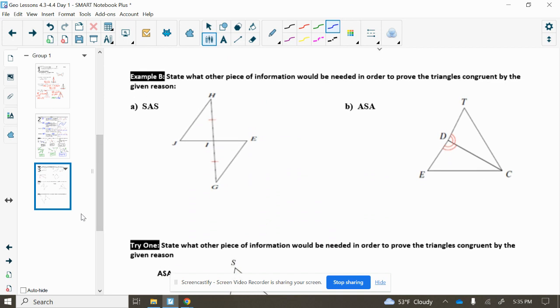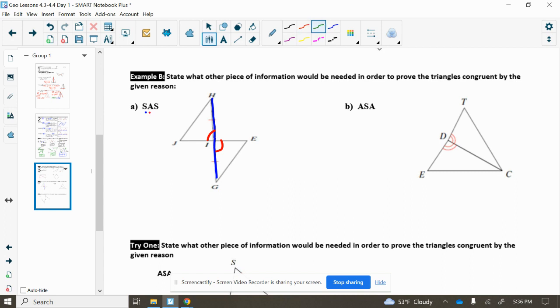All right, our last little bit then for today is asking, okay, if we want to prove these triangles congruent, what extra piece of information would we need in order to prove them congruent? Now, in this particular one, they start off by giving us a side and a side marked congruent, right? So we have one side. We actually are allowed to assume that angle JIH and angle EIG are congruent because they're vertical, so we don't need that given to us.